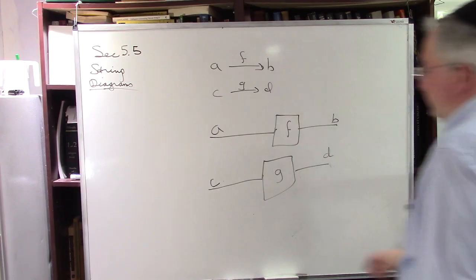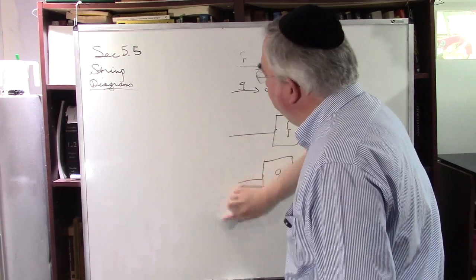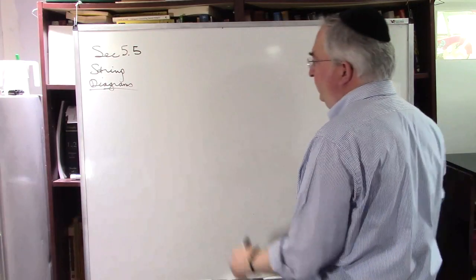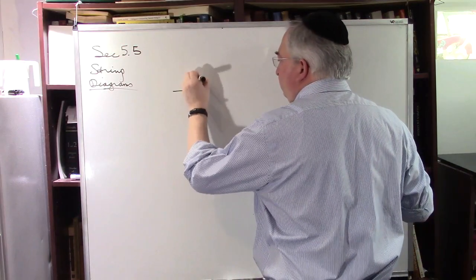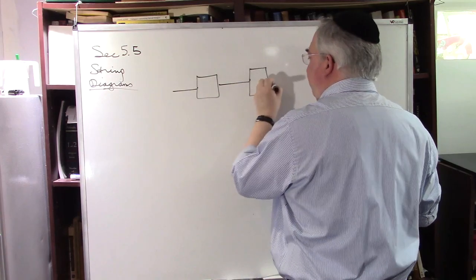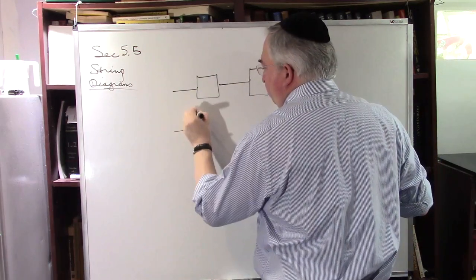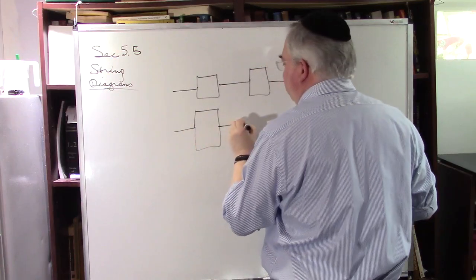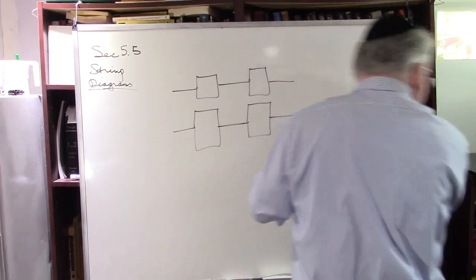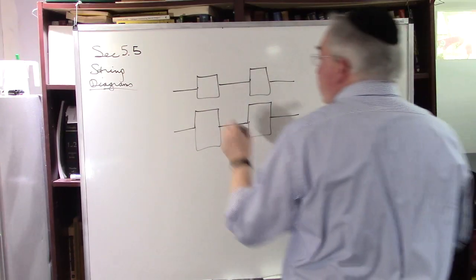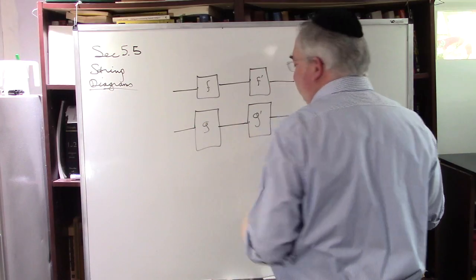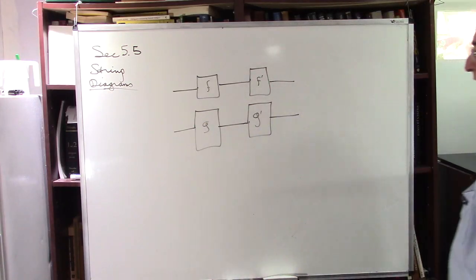Okay, and this interchange law that we mentioned a few times is a discussion about this. So let me just use the same thing I use in the book. F, F prime, G, G prime. Okay.